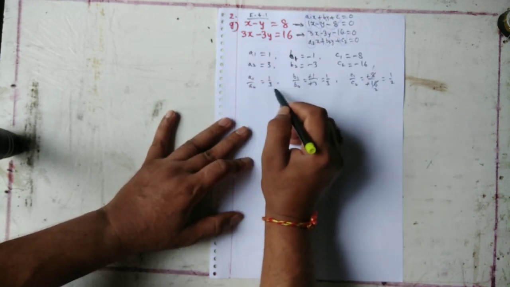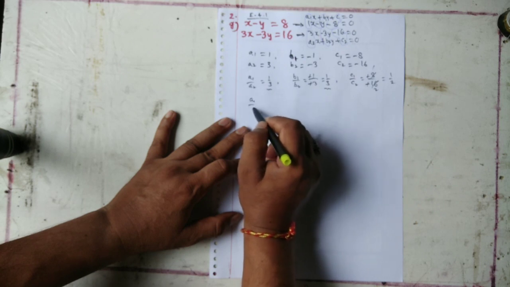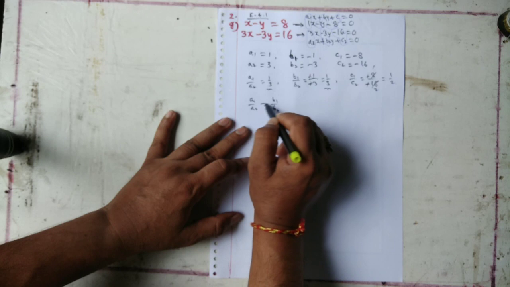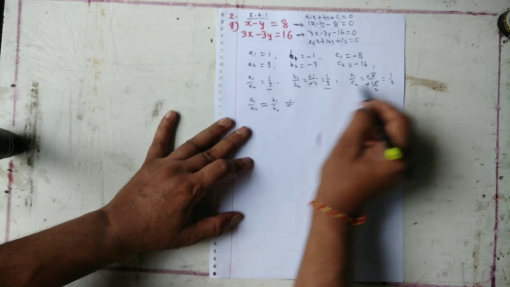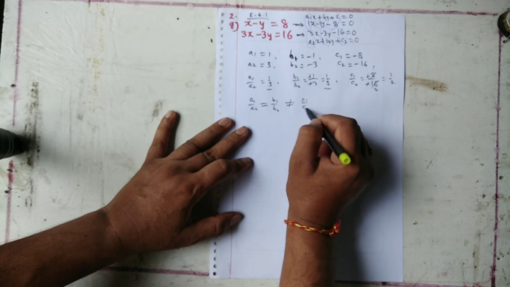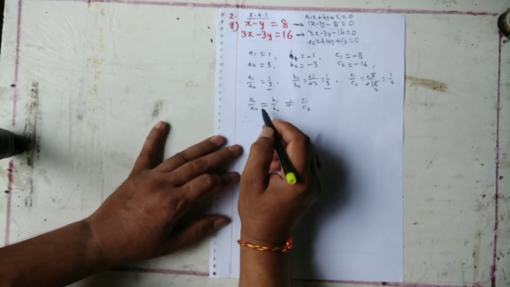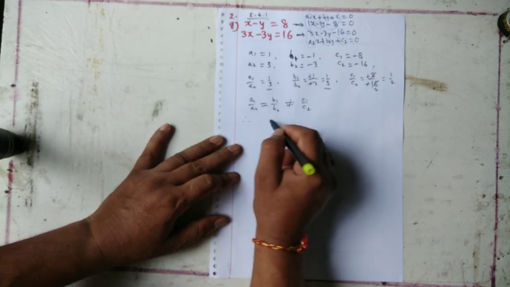If we observe these answers, we can understand a1 by a2 is equal to b1 by b2, not equal to c1 by c2. Therefore, the equations are inconsistent.